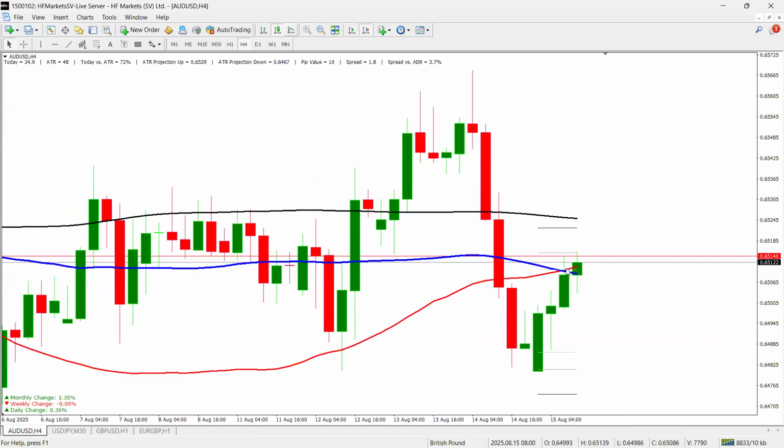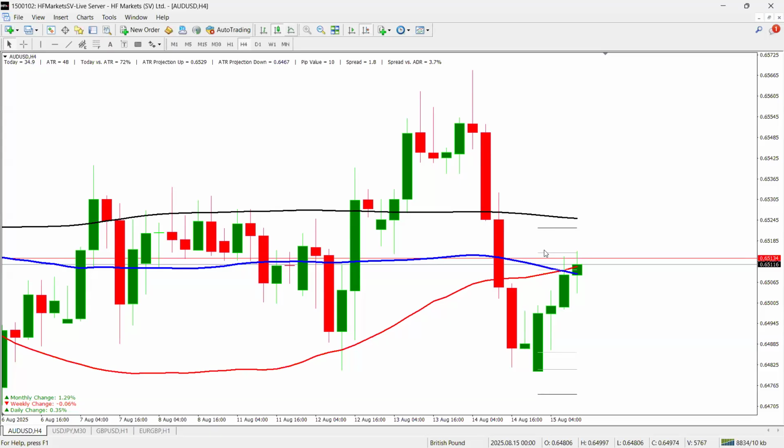On the 4 hours time frame, 50 is crossing above 100. Under normal circumstances, that is more or less a bullish signal. That's a bullish signal. But you are also not exempted from the human point of view.